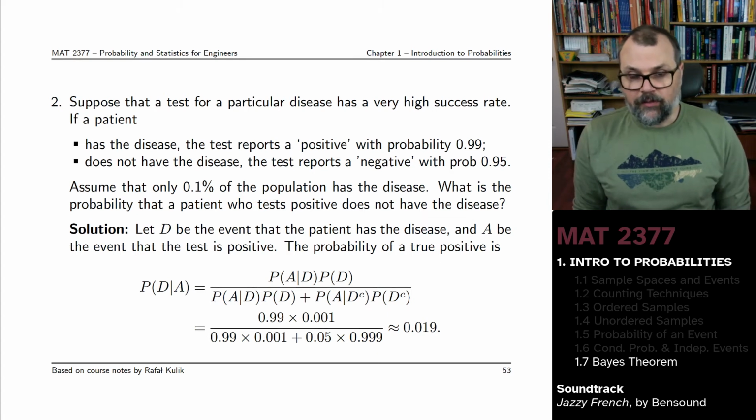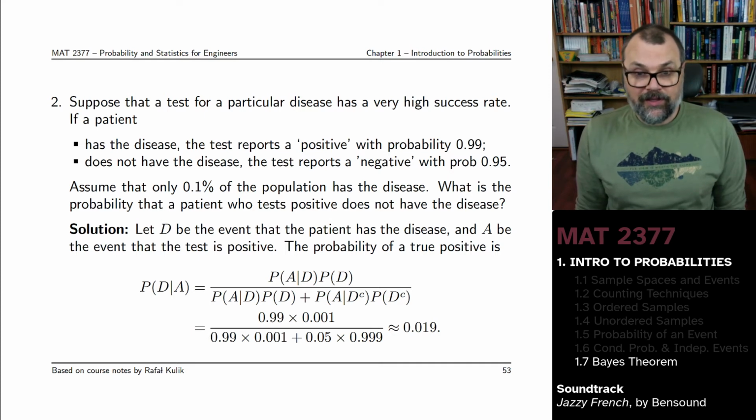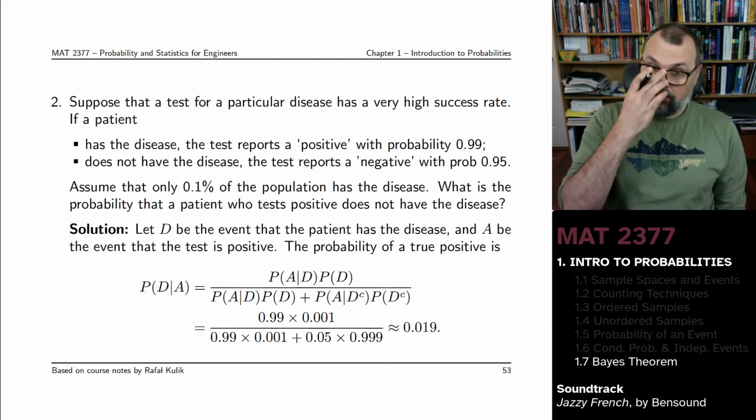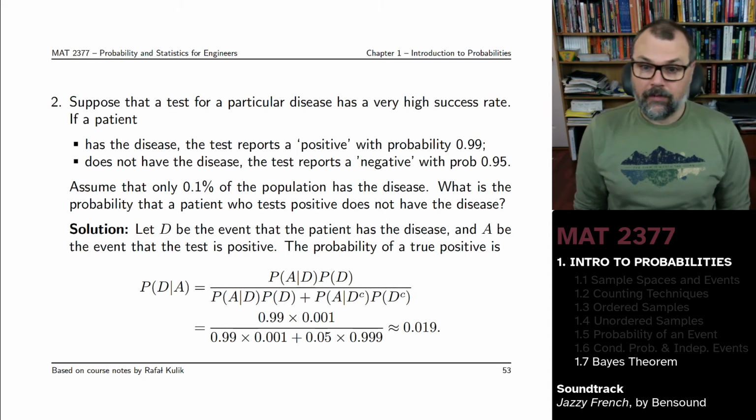We put all these numbers together, we just add them up, do the products, and we get 0.019. So if you test positive for a disease with such a low prevalence, there's still only about a 2% chance that you truly have the disease, based on the accuracy rates that are being given here.